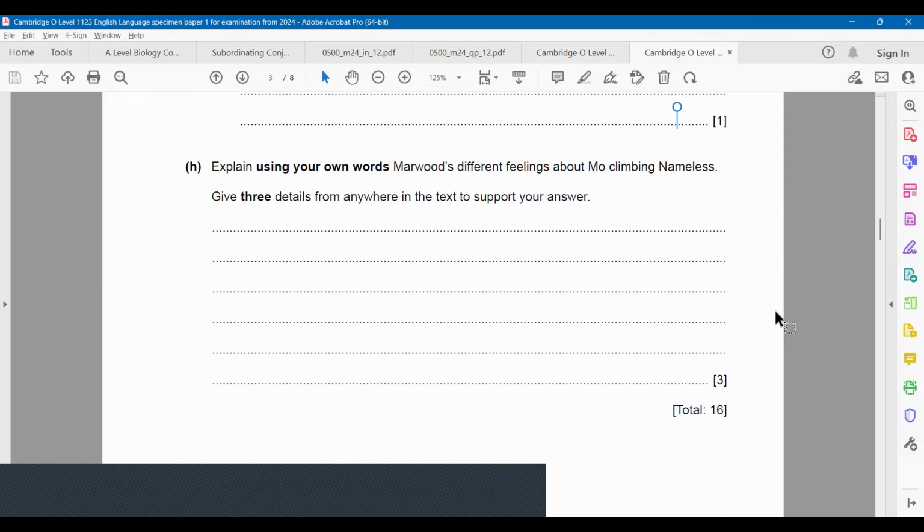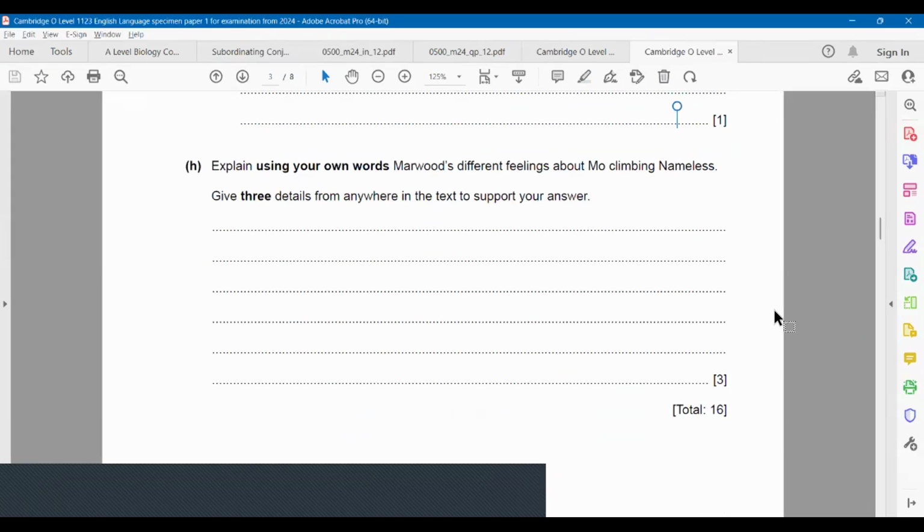Finally, another own words question using your own words. Now over here, you can see that they haven't given you any reference to a phrase, and they're asking you to explain, using your own words, Marwood's different feelings about Mo climbing Nameless. Give three details from anywhere in the text to support your answer.